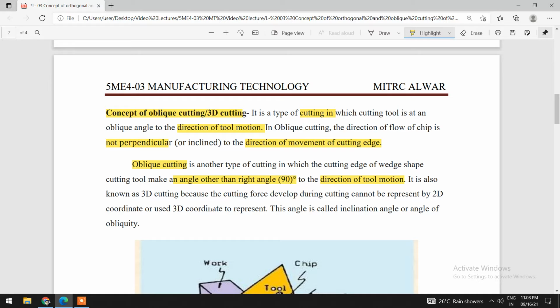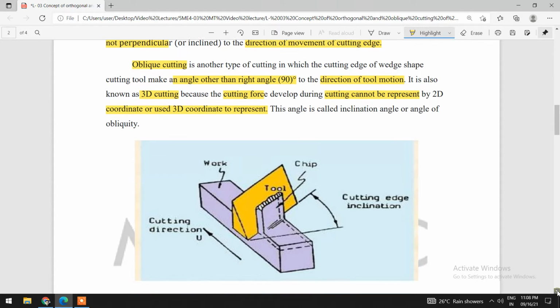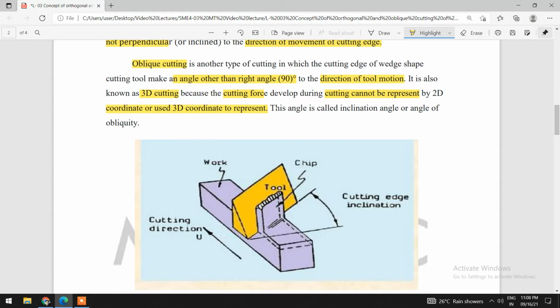It is also known as 3D cutting because the cutting force developed during cutting cannot be presented by 2D coordinates, so 3D coordinates are used. यहाँ पे हमें 2D coordinate से present नहीं कर पाएंगे, इसलिए हम लोग इसको 3D cutting बोलते हैं. This angle is called the inclination angle or angle of obliquity. So this is the basic concept of orthogonal cutting and oblique cutting.